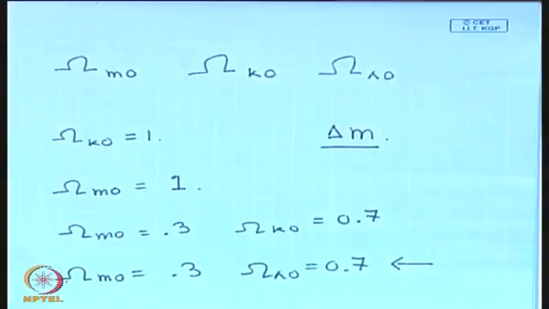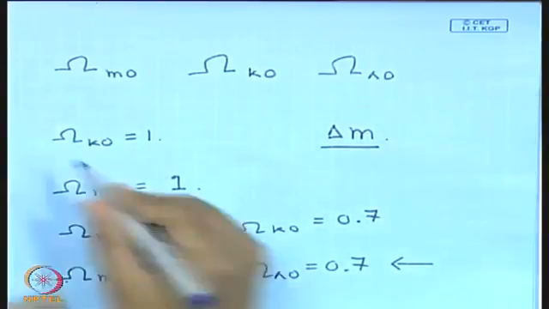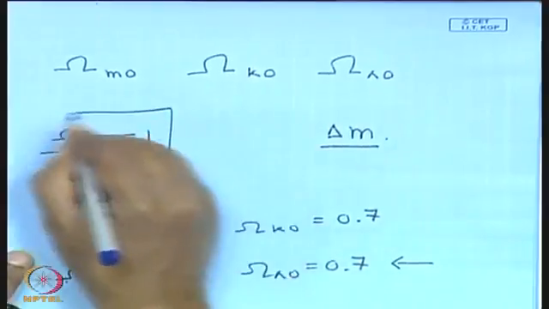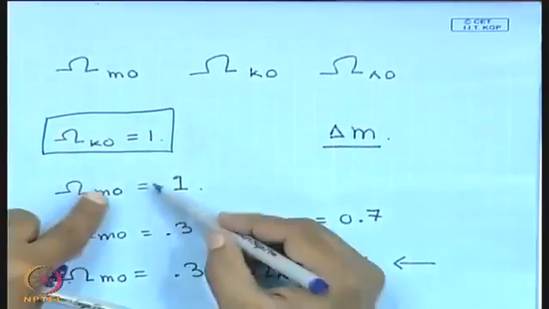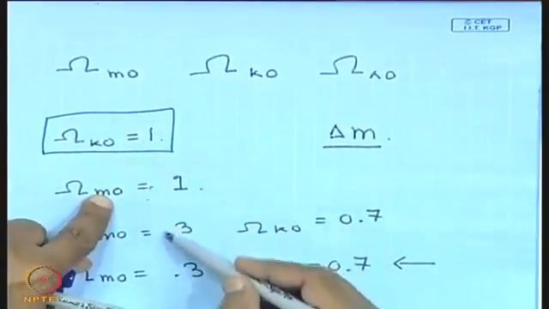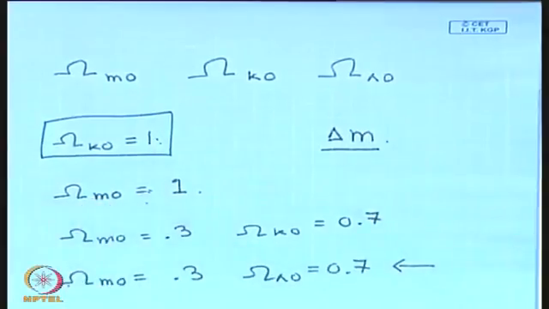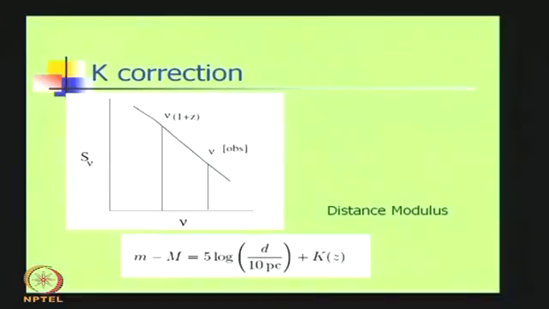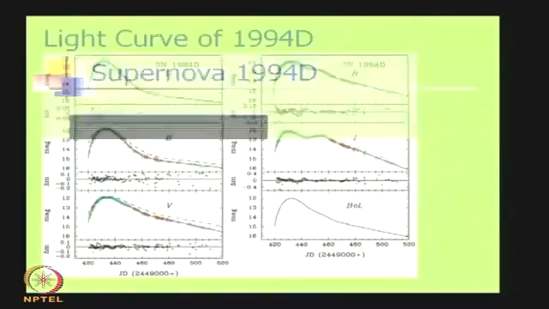Take this as the standard reference, and then you look at the difference in the distance modulus between the different models with reference to this. That will essentially be the ratio of the luminosity distance in the two models, log of that. A difference in the distance moduli is a ratio of the distances, log of that. So this is what is being plotted here.